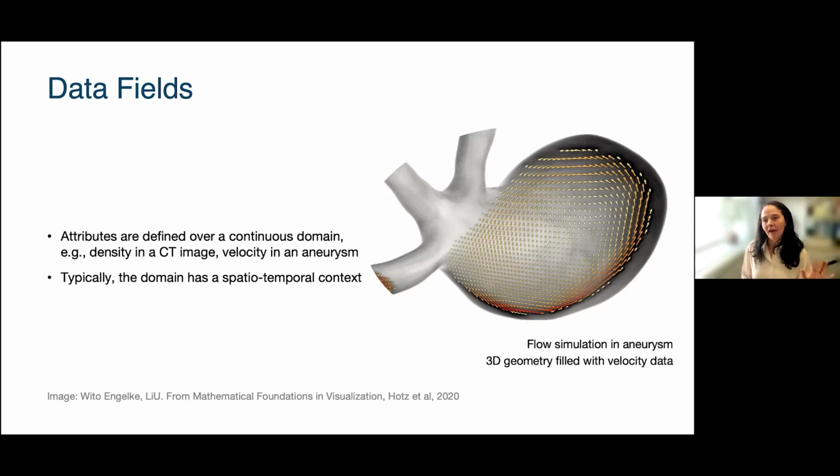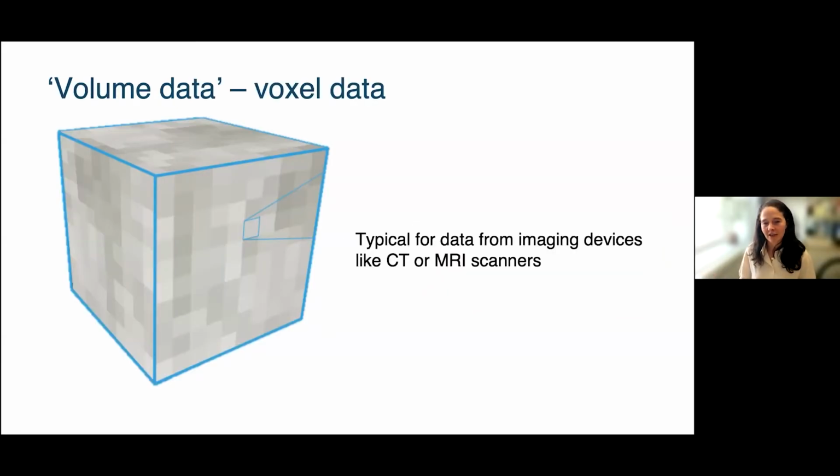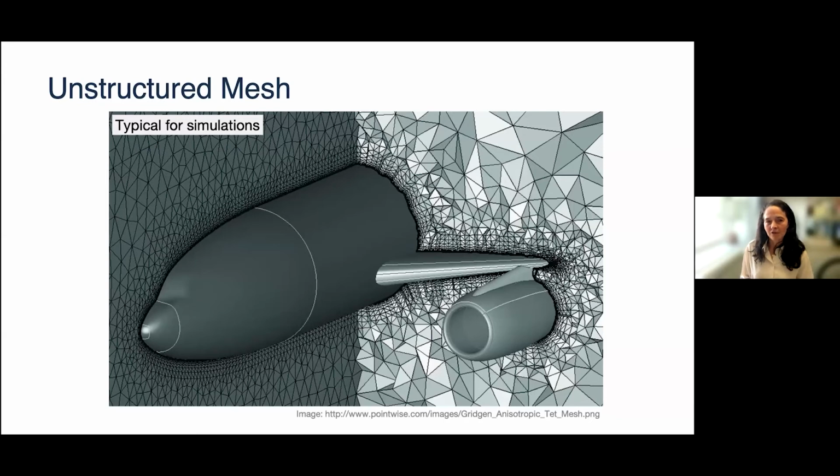Despite the fact that we have continuously given data, the realization, or how we get the data, is in a discrete format. If we get our data from imaging devices, we will have it in the form of voxel data, but in many cases, especially for flow data, the data comes from simulations, and then we can expect a much more complex data structure.